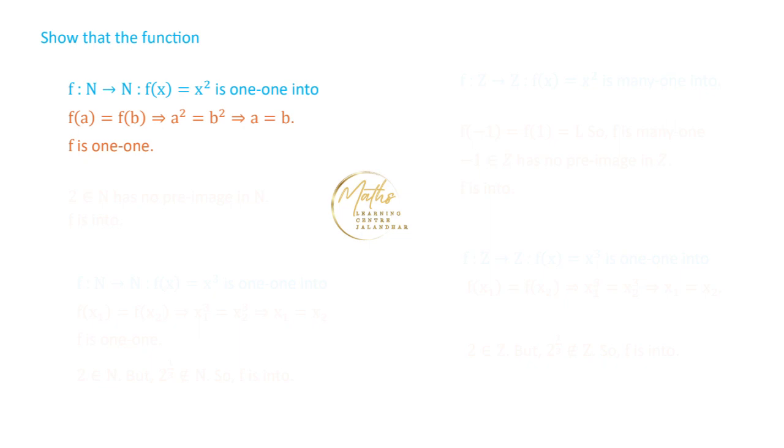Next we have to prove that it is not onto. It means we have to show that there is an element in the codomain which has no pre-image.